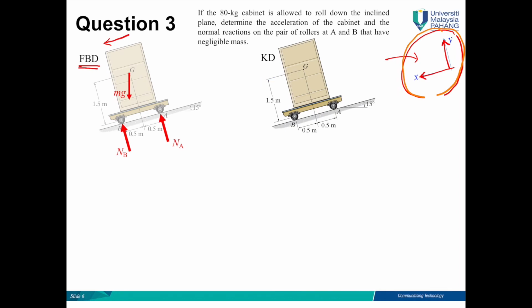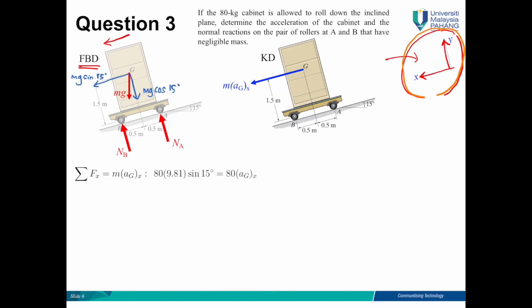All right. The first step is always to use the three basic equations that we have. So we start with the sum of forces in the x-axis equal to m a_x. Here you can notice that we have to separate this mg into two components. This will be mg cos 15 degrees, and here will be mg sin 15 degrees.